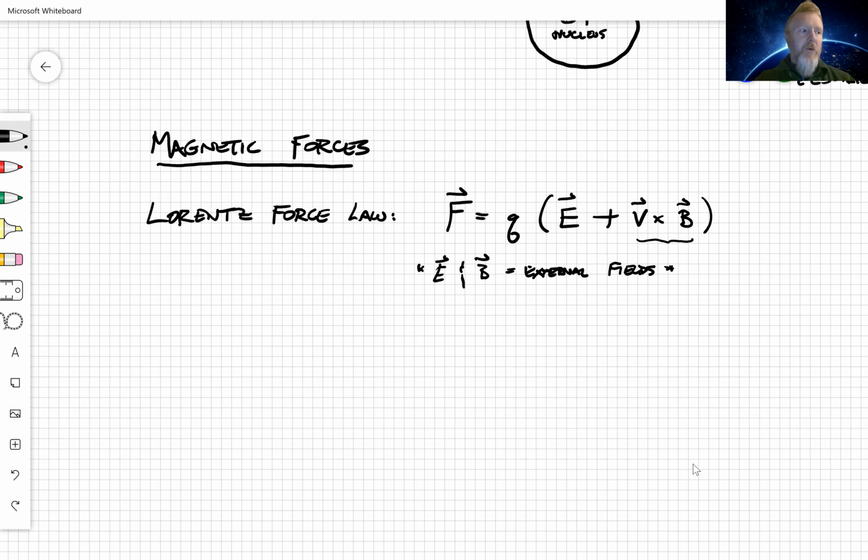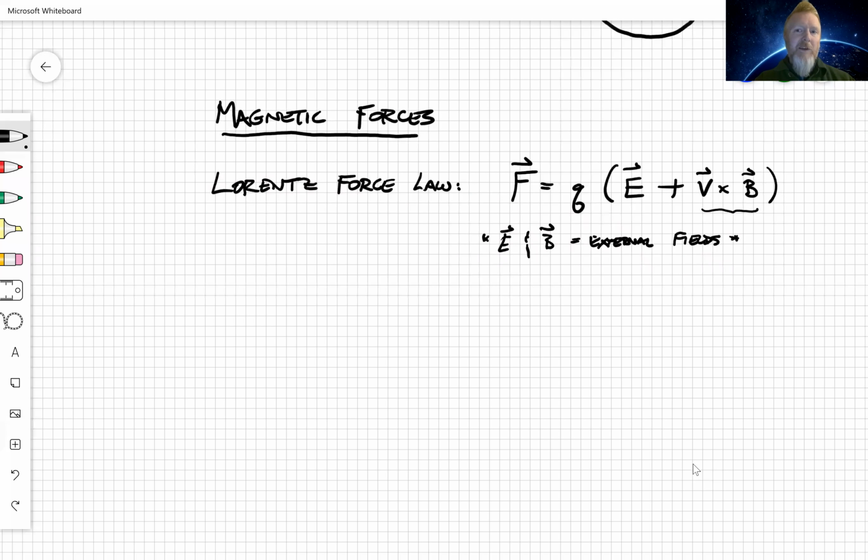All right, so if we look at only the B field for now, let's concentrate on the magnetic term now. We've concentrated on the E term, so let's concentrate on the B term for now. So F is equal to Q times V cross B.